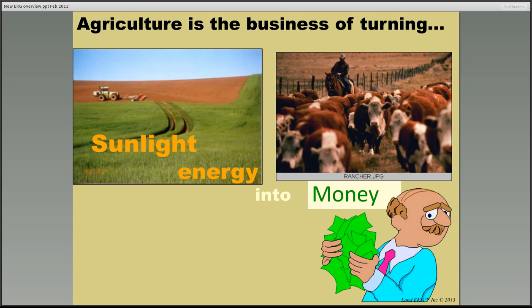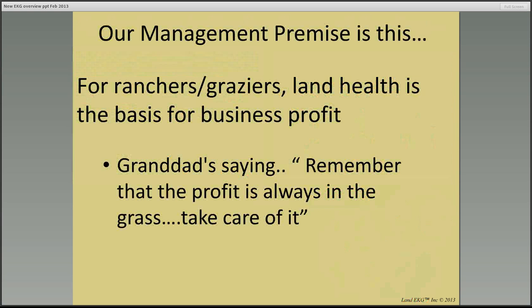But ultimately those animals are sold and turn into money, and that's what keeps the business going. So we really are sunlight salesmen, or solar commodity brokers, or starlight energy transfer specialists. Those are all big names for what I feel more accurately describes what we do. We turn sunlight into money itself.